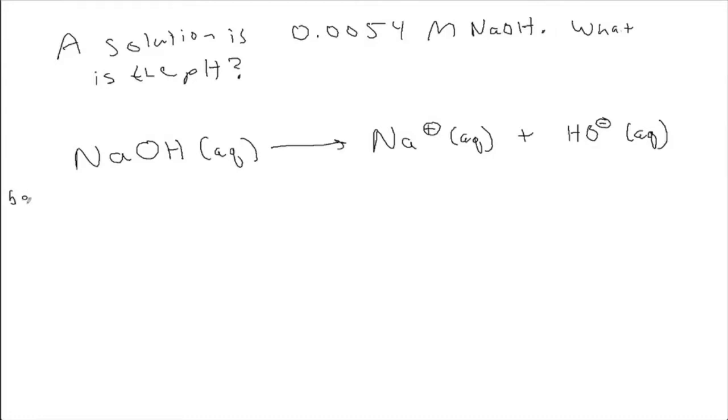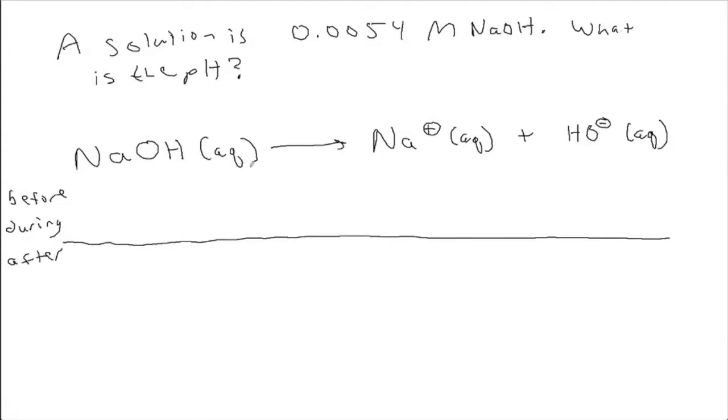Now again, we should have a before, during, and after table. The first row is the concentrations before the reaction happens. Then here we write down the changes during the reaction. And then we write down the concentrations after the reaction.